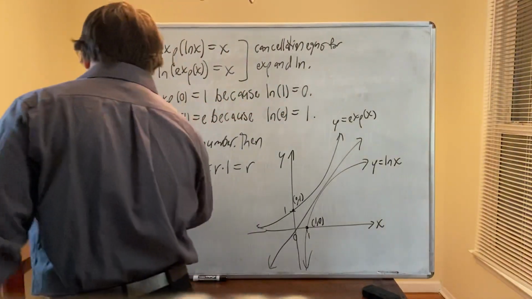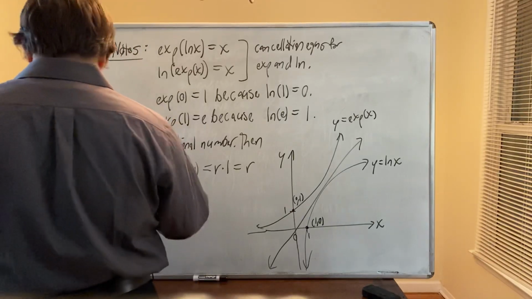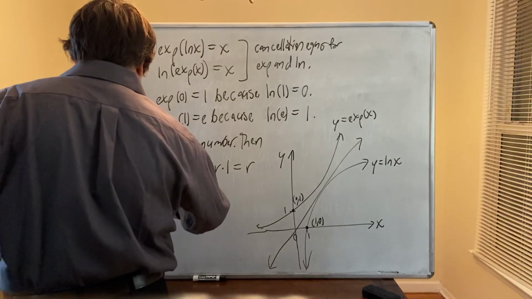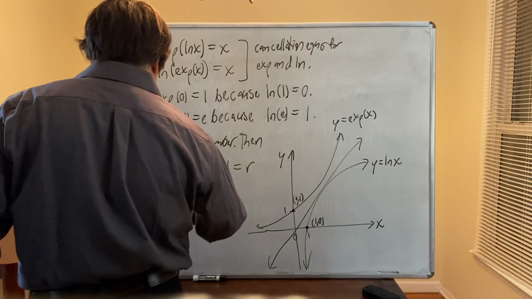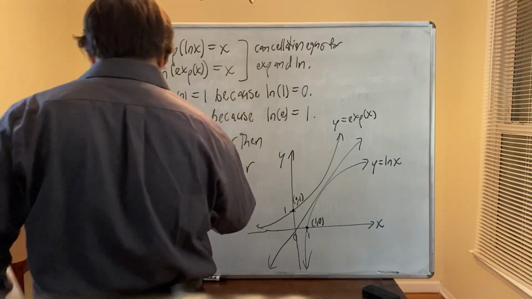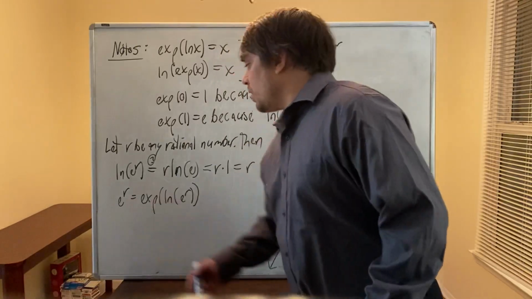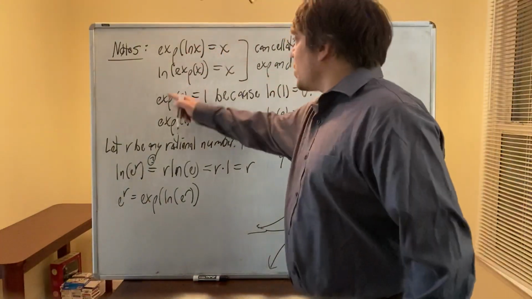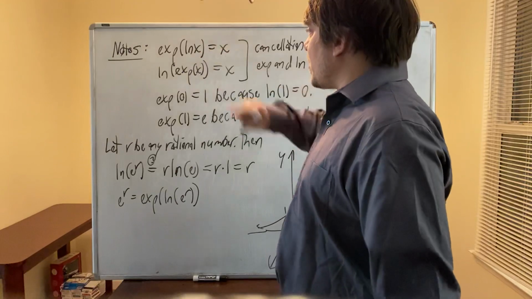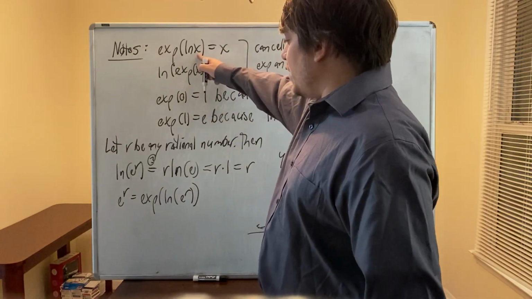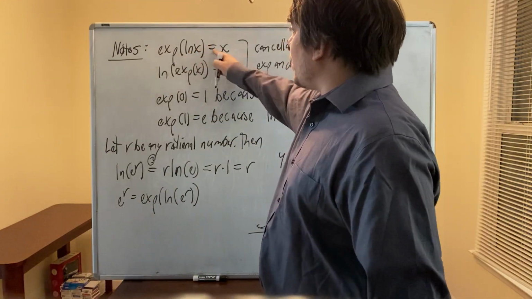Okay? e to the r is equal to exp of ln of e to the r. What am I doing here? So e to the r, by the cancellation equations, I could say exp of ln of something is that something. So instead of x, write e to the r. So exp of ln of e to the r equals e to the r.